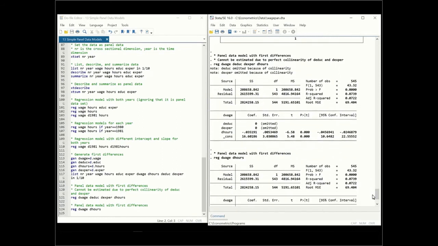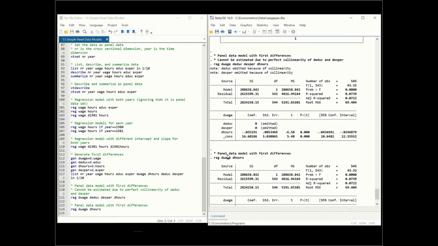So if we attempt to run a panel data model with first differences, it cannot be estimated due to perfect collinearity of delta education and delta experience. If we attempt to run a regression of d wage on d education, d experience, and d hours, it says that these two variables right here are dropped due to perfect collinearity. So we cannot estimate this model with these two variables in it.